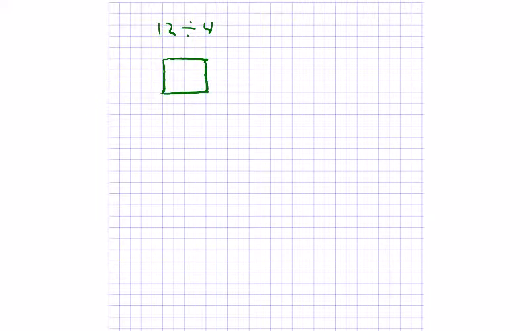And what can I do? I can take out 4 blocks. Once, twice, 3 times. So what we have here is an area that is equal to 12 square units.